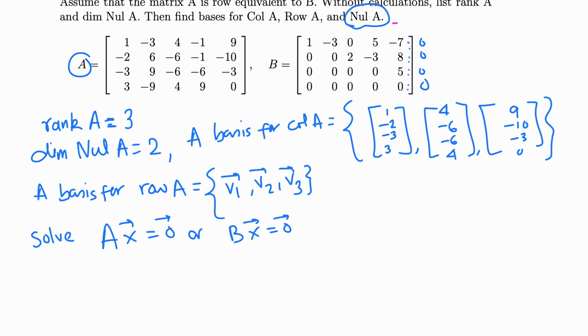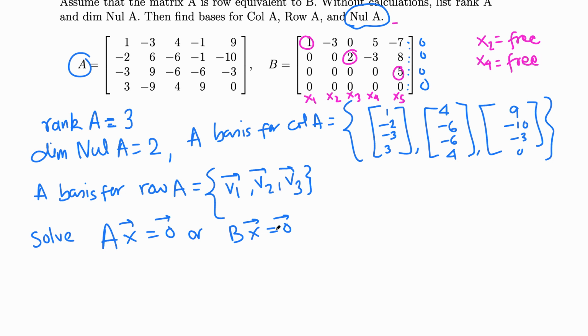When we solve Bx equals 0, we can write x as x1, x2, x3, x4, x5, and here is a pivot. That means x2 is a free variable, and so is x4.